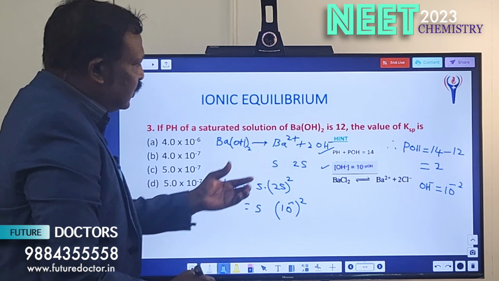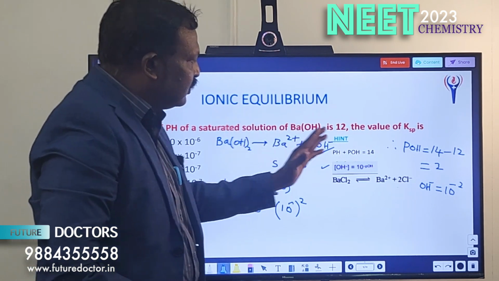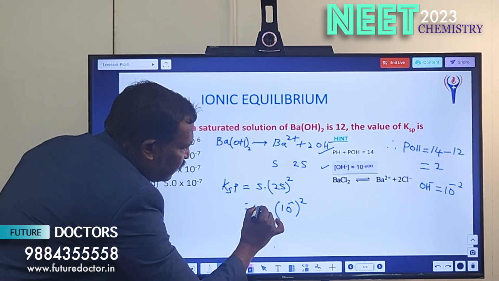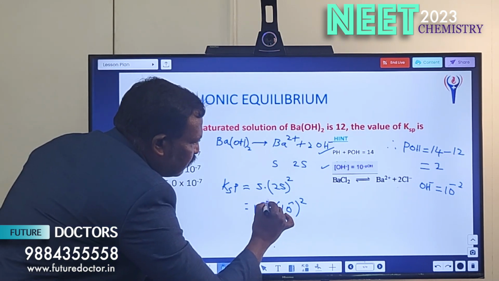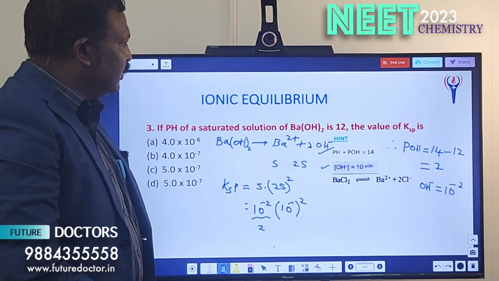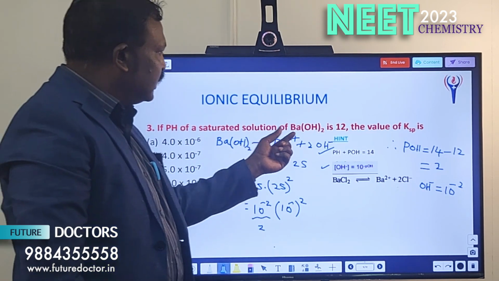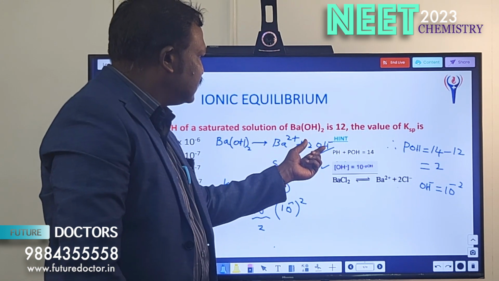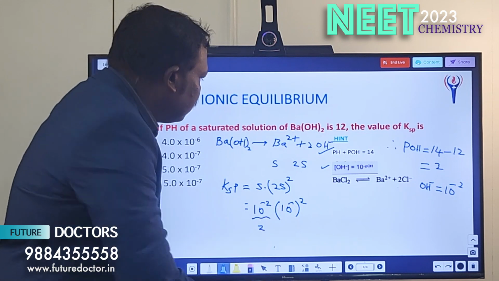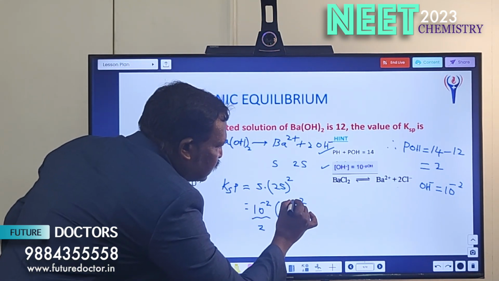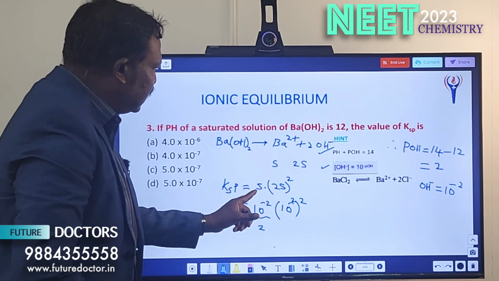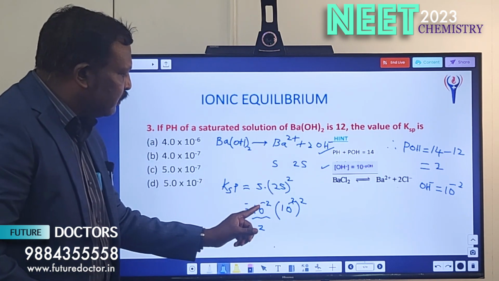So 2 times OH minus concentration is 10 power minus 2. Therefore 1 times means 10 power minus 2 by 2. This is the way to simplify. Somewhat tough, but understood? Then instead of 2S, I put 10 power minus 2, the whole square, and 1 times means 10 power minus 2 by 2.